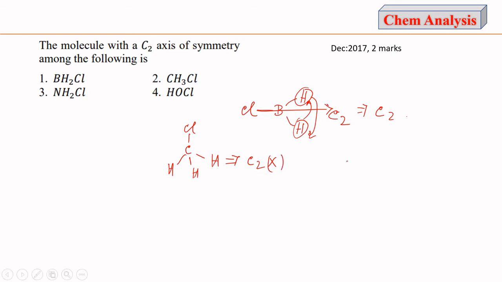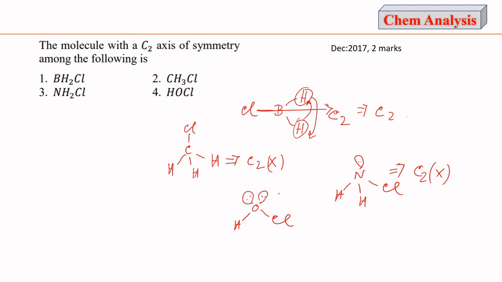And similarly, NH2Cl is a pyramidal molecule, there will be one lone pair, it also does not contain any C2 axis. And for the last case, that is HOCl, it is V shaped, and there will be two lone pairs, and it also does not contain any C2 axis. So option number A is the correct answer.